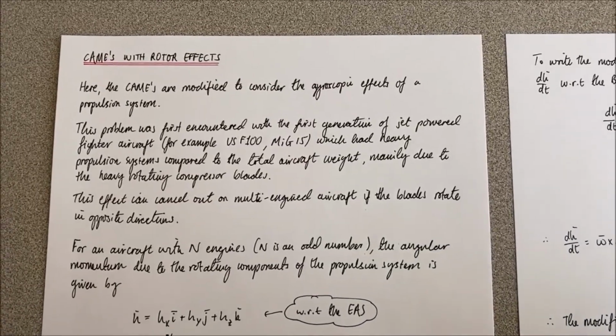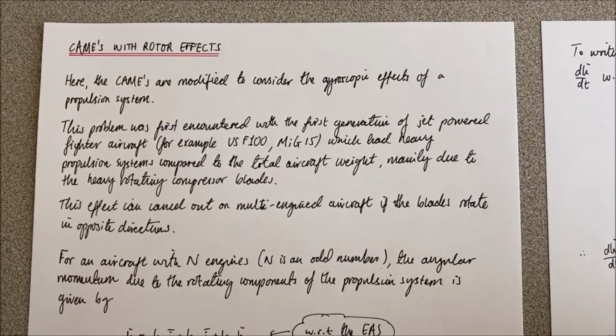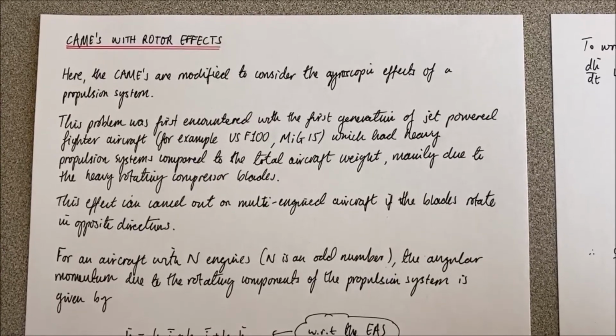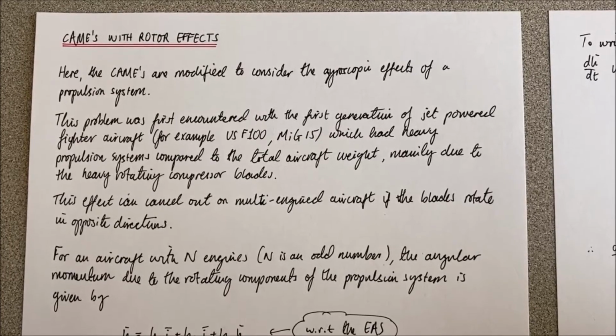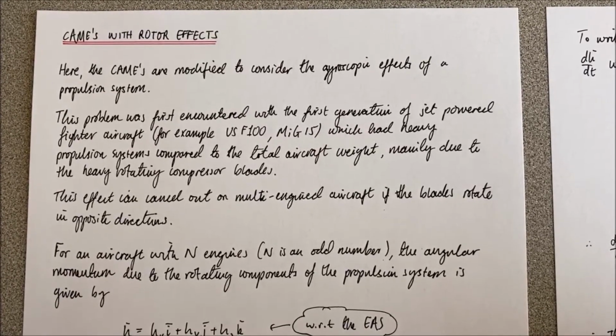So as a brief aside, it was discovered in the late 40s, early 1950s, that there could potentially be a component of angular momentum due to basically the rotating parts of a jet engine.